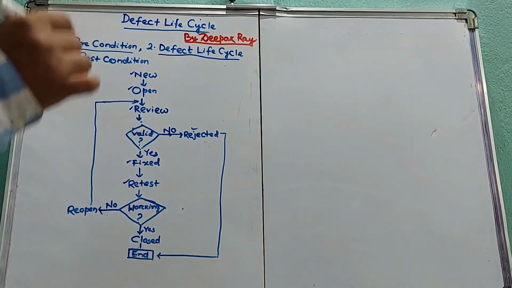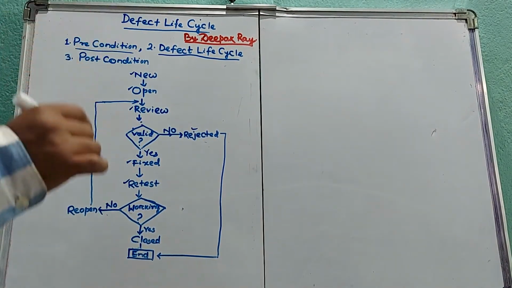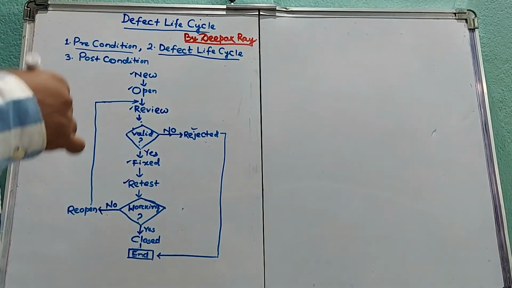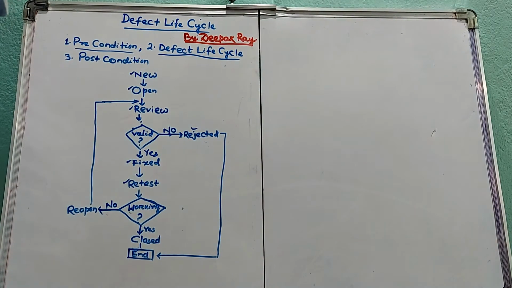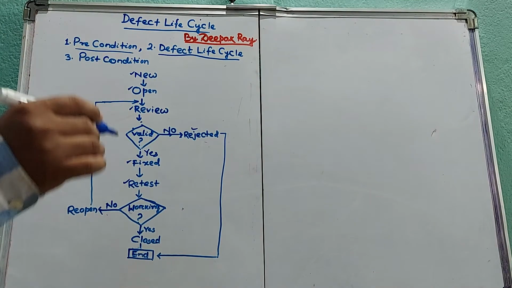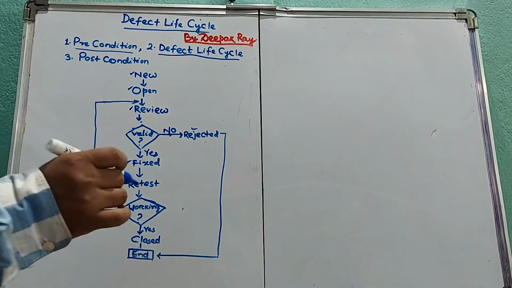So the tester now looks into the defect and re-executes the flow where he found the defect.